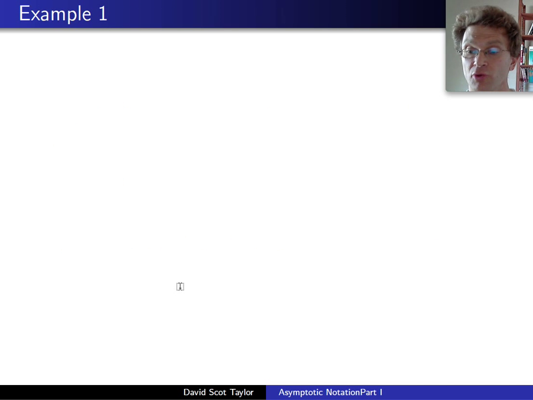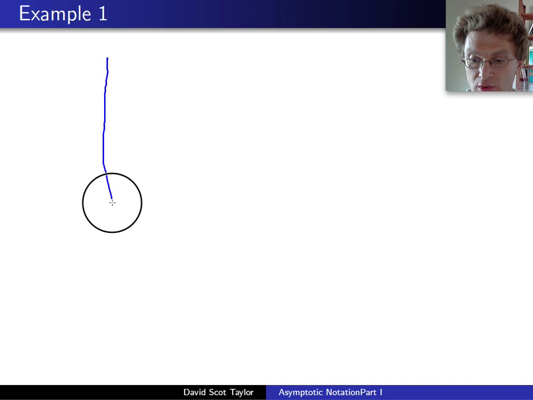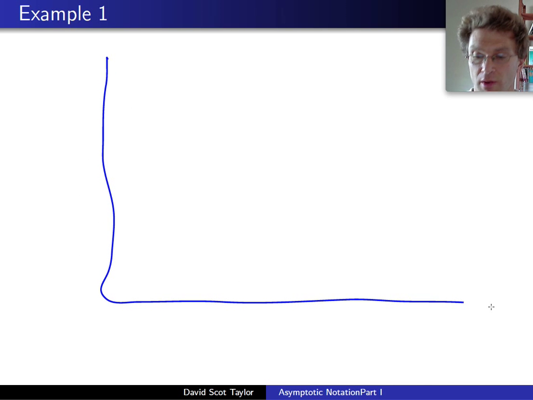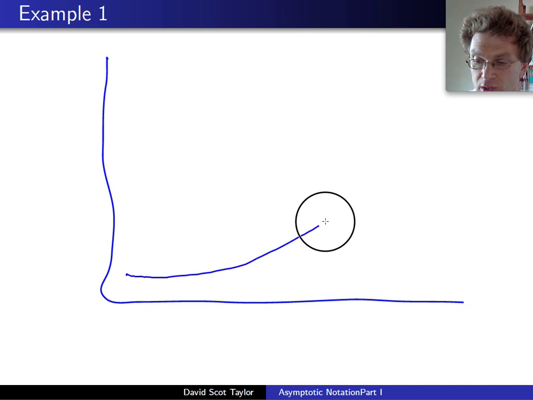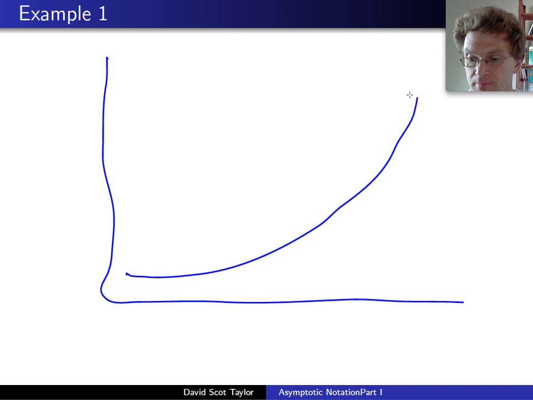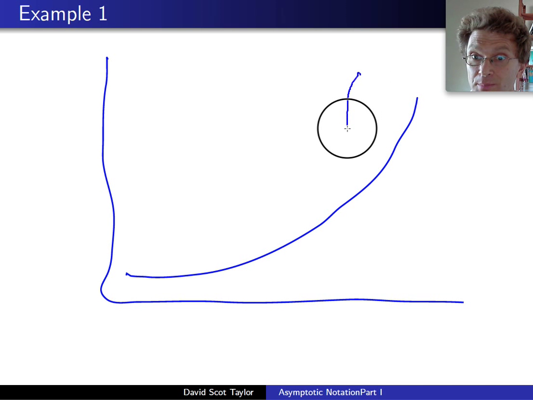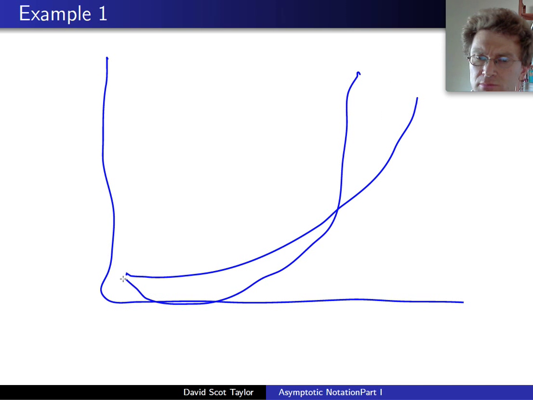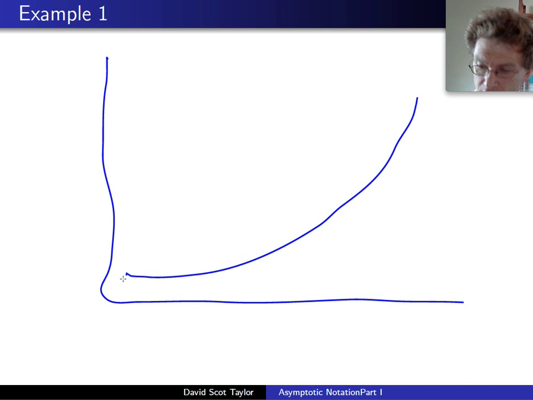So let's think about what that looks like a little bit more visually. We imagine you have some function, and it grows at some rate, and then you have some other function that might end up higher, but maybe it started lower. Hey, it's negative. Let's try that one again.